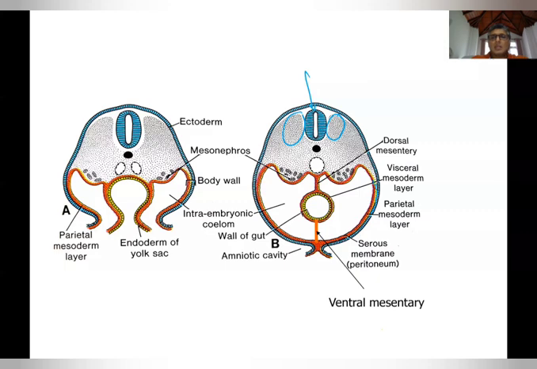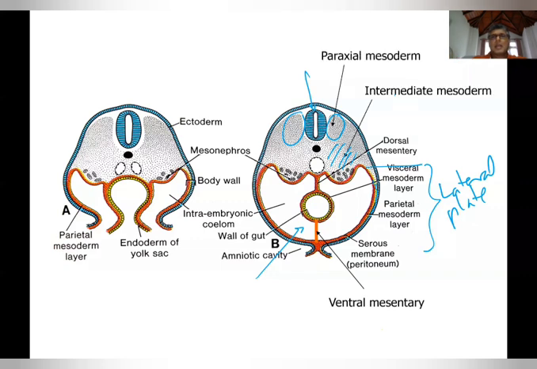The mesoderm in the area where you get the coelomic cavity surrounding the gut, the peritoneal cavity now, is called the lateral plate mesoderm. The mesoderm in between is called intermediate mesoderm. So: paraxial mesoderm, intermediate mesoderm, and lateral plate mesoderm.